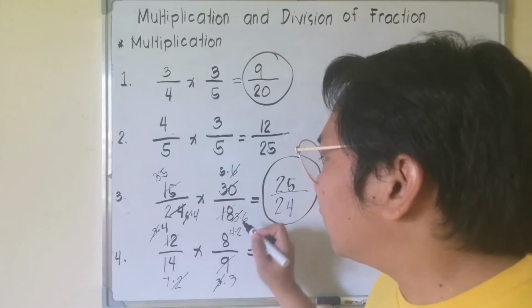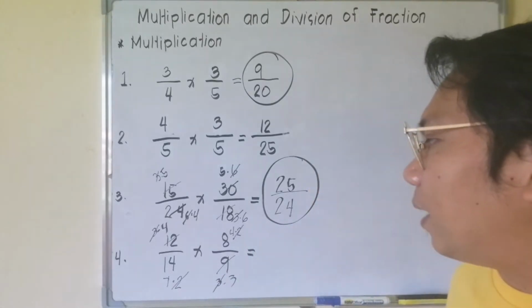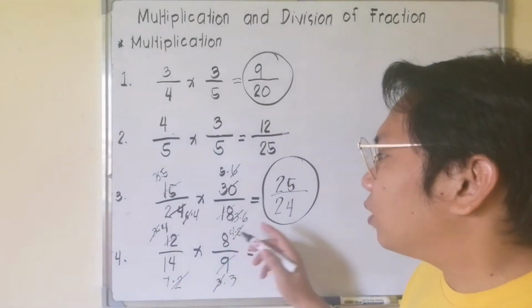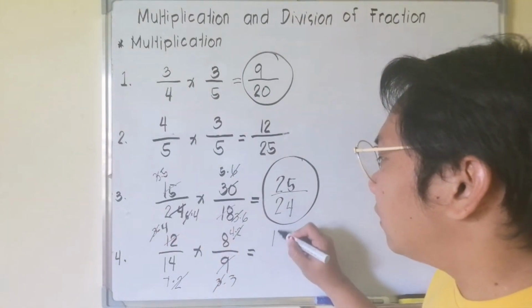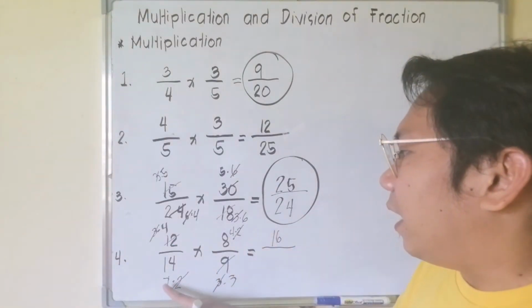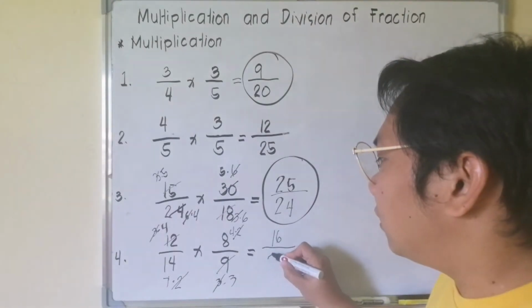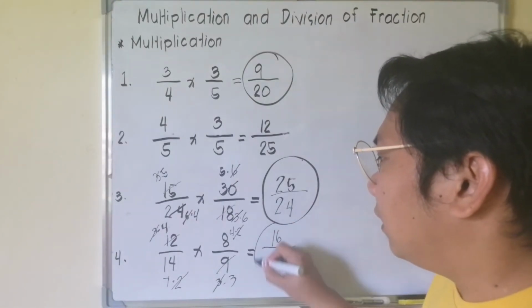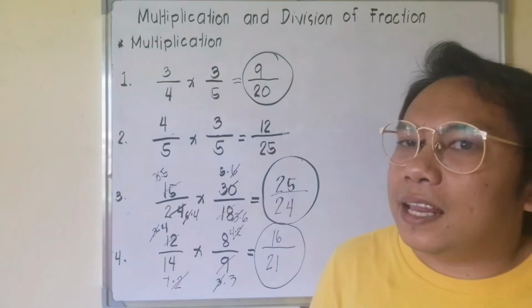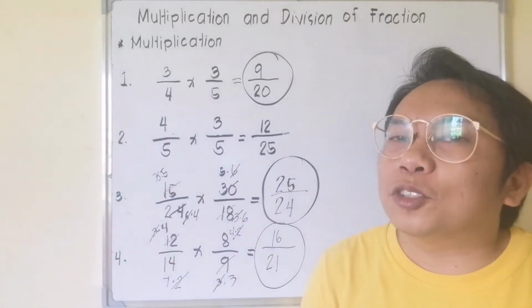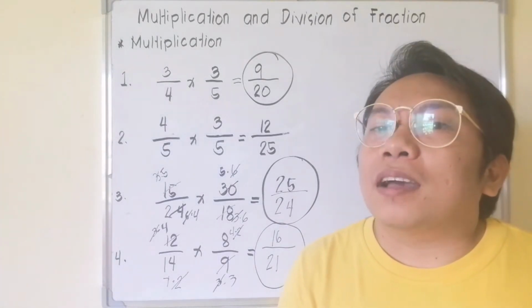So again, we can cancel out 2 here. So meron na tayong natirang 4 times 4 na nasa taas. That's equal to 16. And 7 times 3, that's equal to 21. And this is now your final answer. So that is how to multiply fractions.